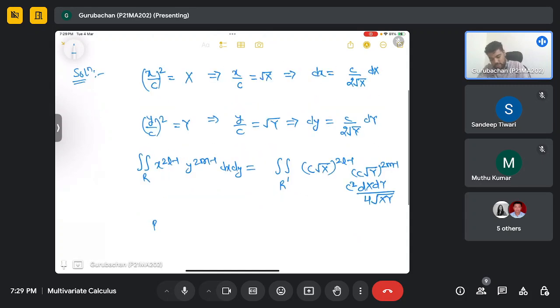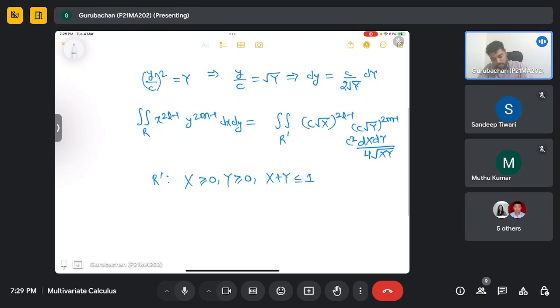And R dash will now be defined as X greater than or equal to 0, Y greater than or equal to 0, and, here capital X since we have changed the variable, X plus Y is less than or equal to 1. So from here we can now write it like this: 0 to 1 and 0 to 1 minus capital X.